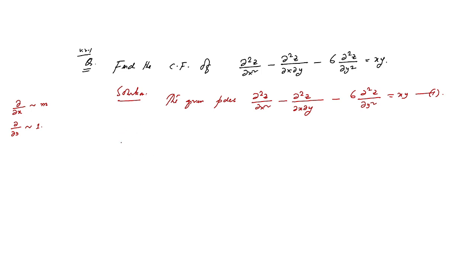So for the complementary function, the auxiliary equation is m^2 minus m into 1 minus 6 into 1 equals to 0. So that means the value of m is 3 and minus 2.